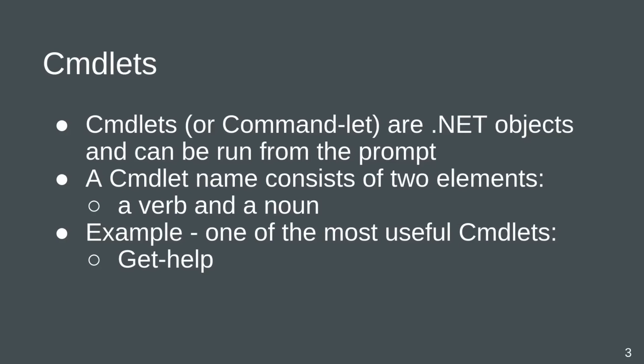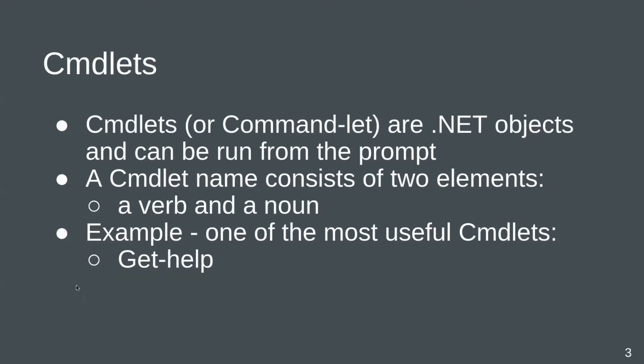In this commandlet, we have the verb get and the noun help. So Get-Help, getting being the verb and help being the noun. And the commandlet always has this minus symbol in the middle here.